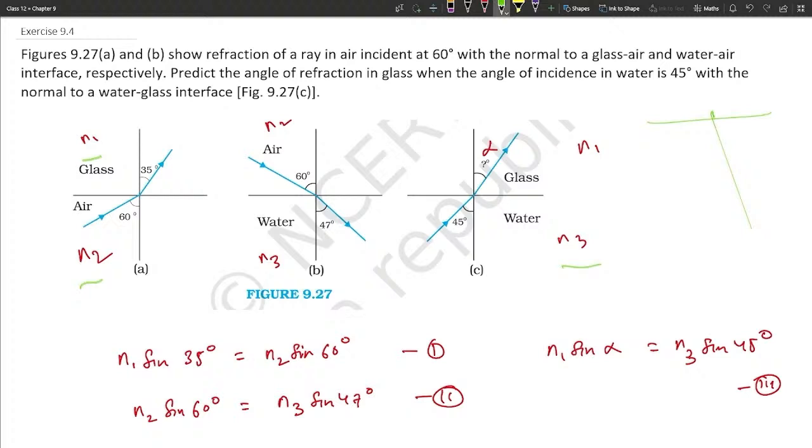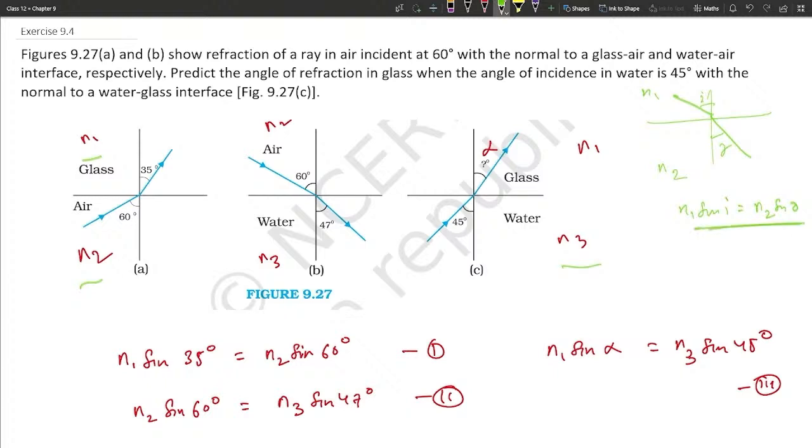It says that when a ray is moving from one media to another, let's say that it is incident in the media of refractive index N1 and it is going in the media of refractive index N2, and it is making an angle of I with the normal in the incident media, and it is going to make an angle of R. So by Snell's law we know that N1 sine I would be equal to N2 sine R.